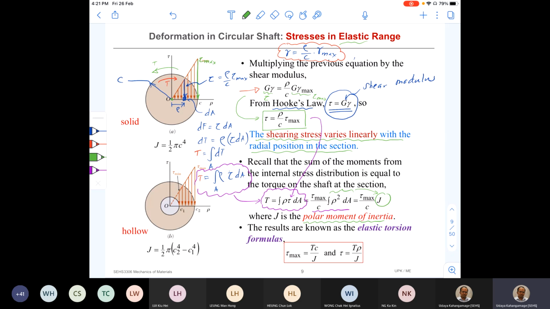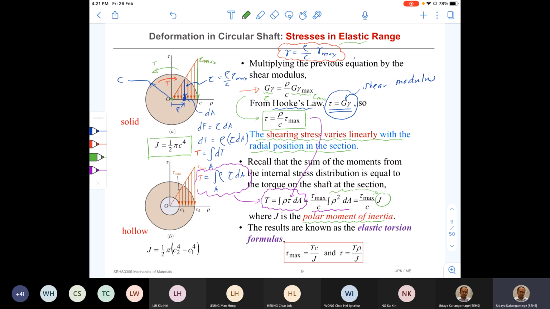Now we are studying a circular cross-section. For a circular cross-section, J, the polar moment of inertia, you can express by this equation. This is a standard equation. Again, you might have learned this before. No need to remember, just take it as it is. This is how we quantify the polar moment of inertia of a circular cross-section.